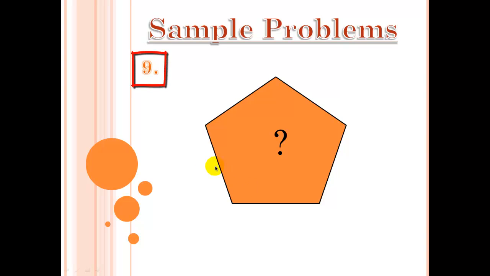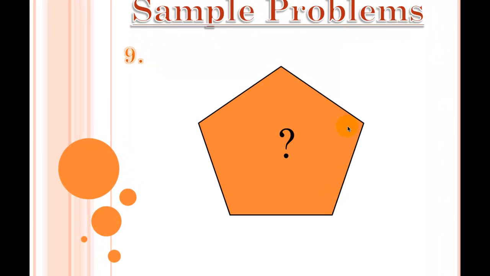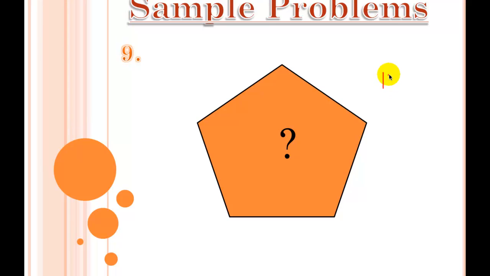Sample problem number 9. What this question mark basically means is we're trying to solve all the interior angles of the shape. So to solve all the interior angles, we use the interior angle theory, which is 180, and then in brackets n minus 2.